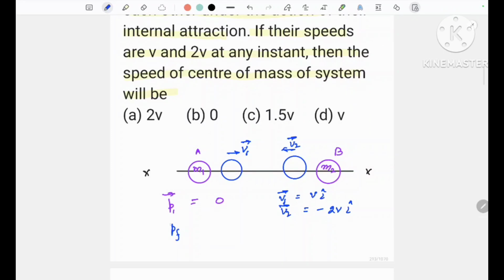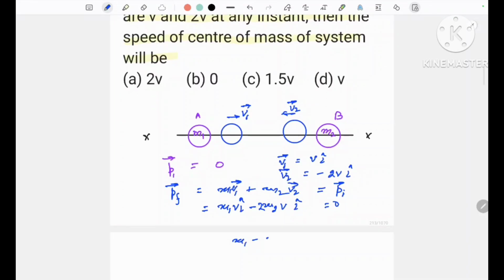Final momentum is m1 v1 plus m2 v2, and this will be equal to initial momentum, or m1 v i cap minus 2 m2 v i cap is 0. So m1 minus 2m2 is 0, or m1 is equal to 2m2.